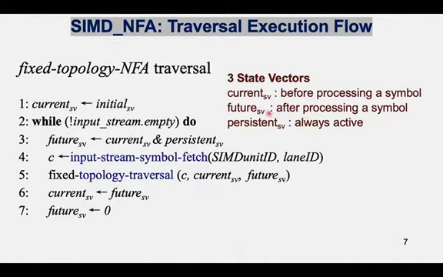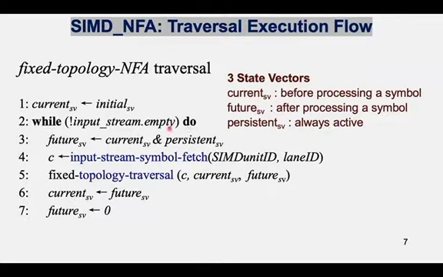The current state vector indicates the status of states before processing a symbol, and the future state vector indicates the status after processing the input symbol. The persistent state vector indicates those states which should remain active once activated. For example, the beginning state 0 and accepting states should remain active once they are activated.